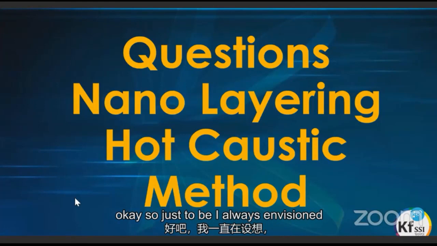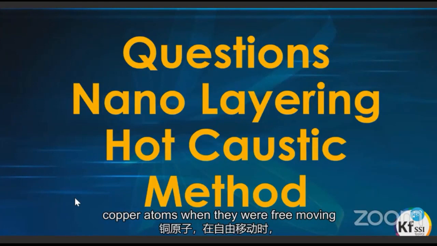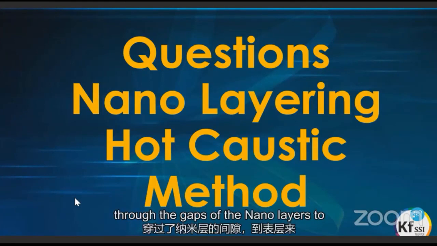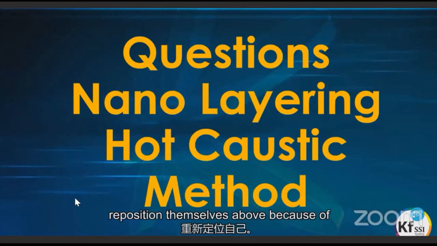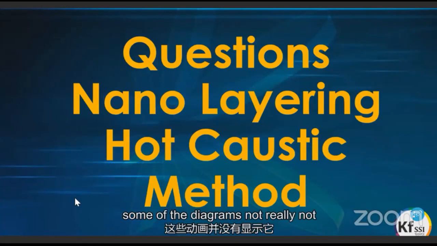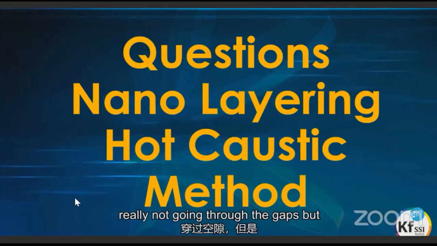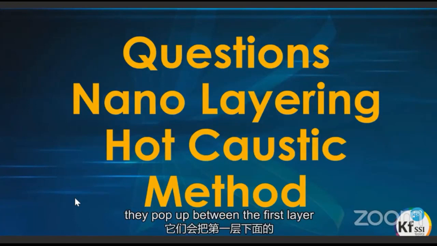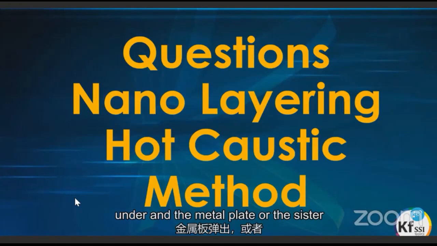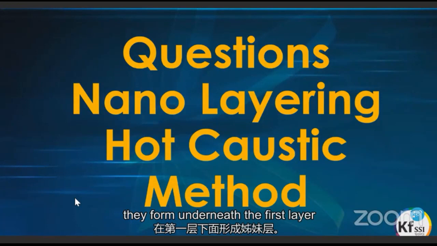Okay, so I always envisioned the subsequent layers, the underlying copper atoms, when they were freed, moving through the gaps of the nano layers to reposition themselves above, because of some of the diagrams. Not going through the gaps, but they pop up between the first layer and the metal plate. So they form underneath the first layer.